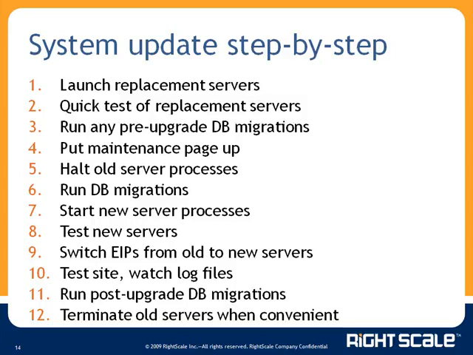Then oftentimes we have database migrations that take a long time that we can run ahead of taking the site down, such as adding new tables to the database, or oftentimes also adding new columns to existing tables. Those, if things are done right, can be done while the old system, the old version of the software, is still running. It just ignores those.